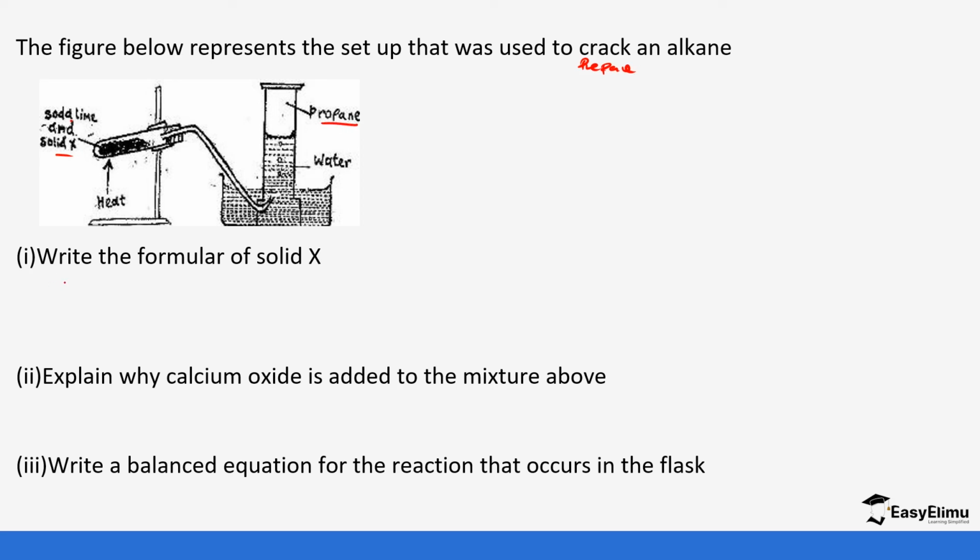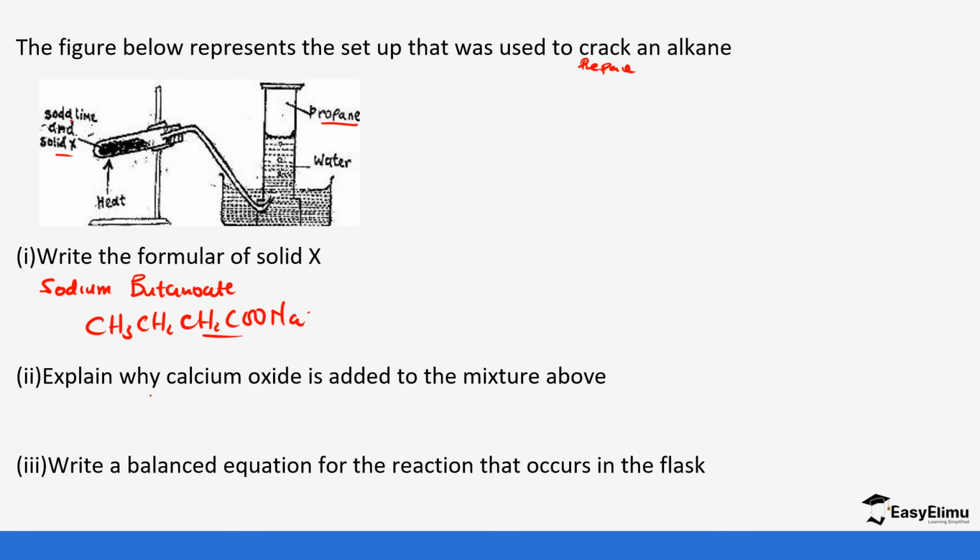So solid X is going to be sodium butanoate, and the formula is going to be CH3CH2CH2COONa. So this is sodium butanoate.